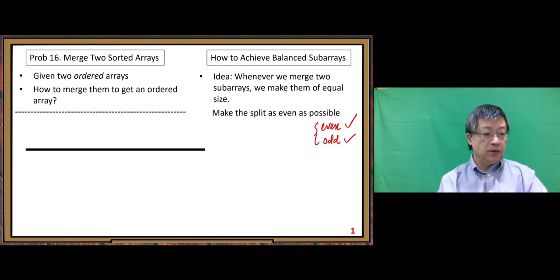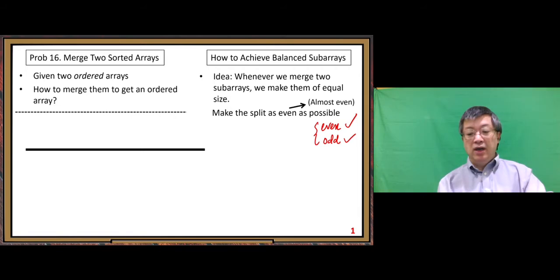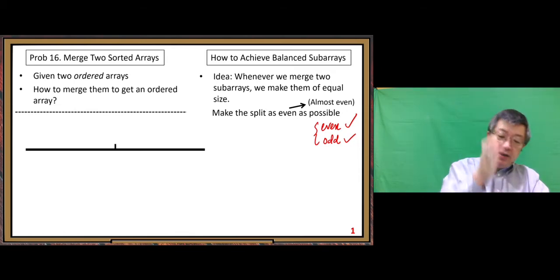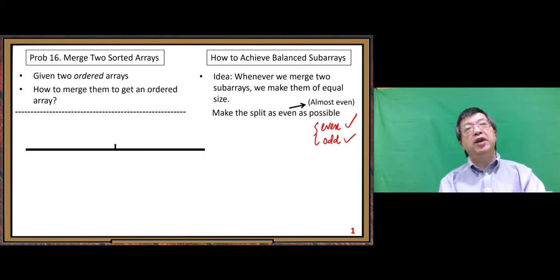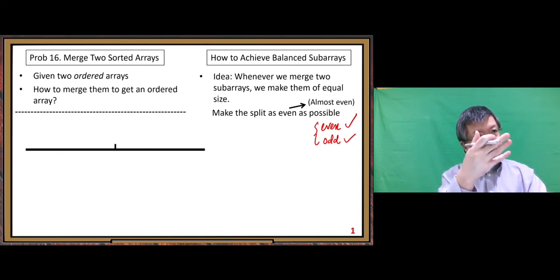So let's do it. We call this almost even. So we find a point in the middle and split it into subarrays with almost equal size.